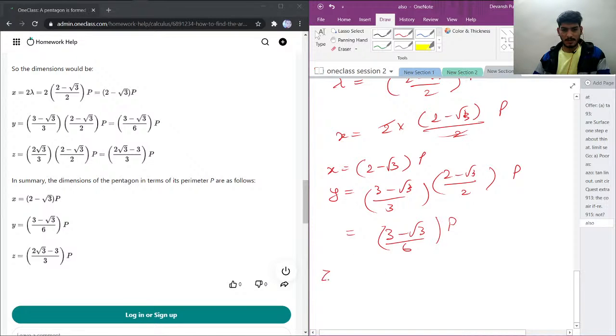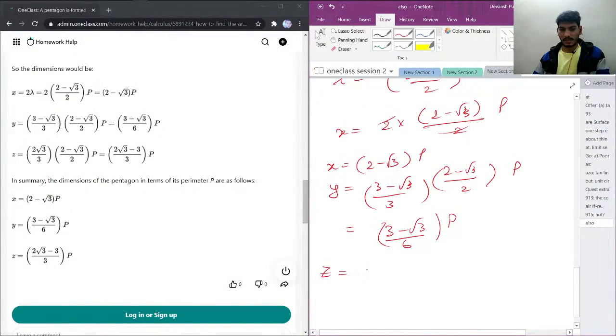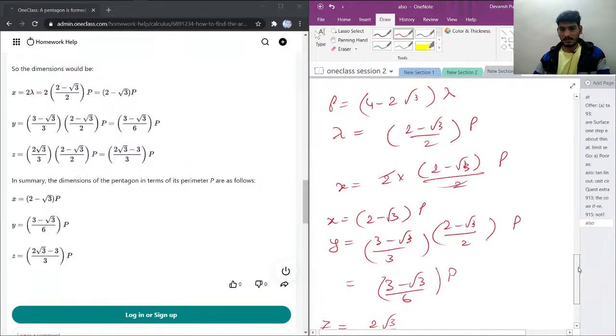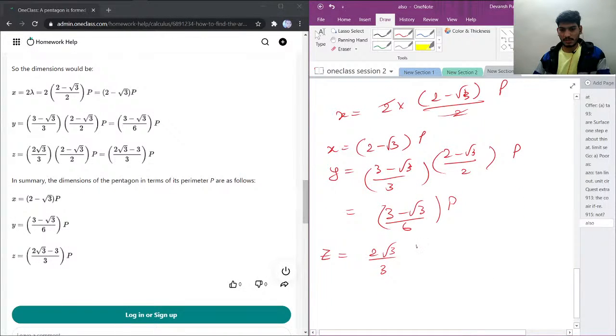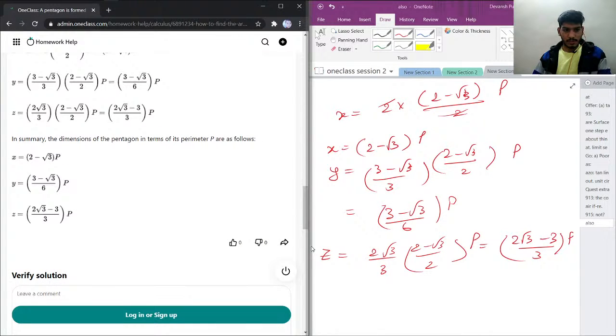And then we have z as 2 root 3 over 3 times lambda, which will become 2 root 3 minus 3 over 3 times p.